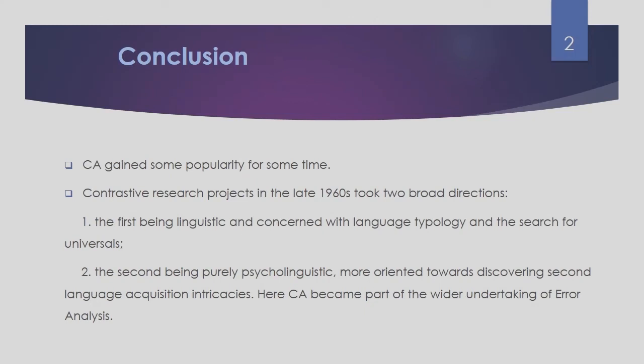The first direction being linguistic and concerned with language typology, the classifications of languages, and the search for universals. This type of research is purely linguistic, and its outcome is types of languages. Many language families were established just on the basis of such comparisons. Of course, these classifications of languages are not genetic, but typological, based on their linguistic structures.